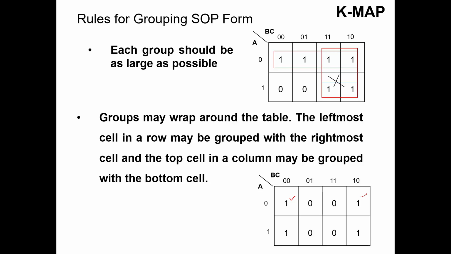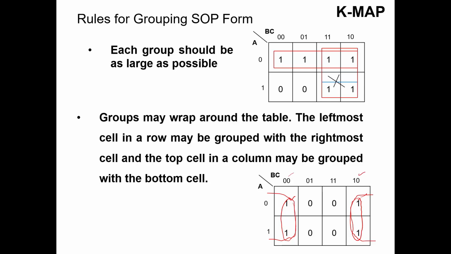If you see here and here, the difference of one variable is there. If there is a difference of one variable, those ones can be grouped. Now in this case, this can be one group, this can be one group, but we have to make the maximum group, so the whole can be grouped this way.